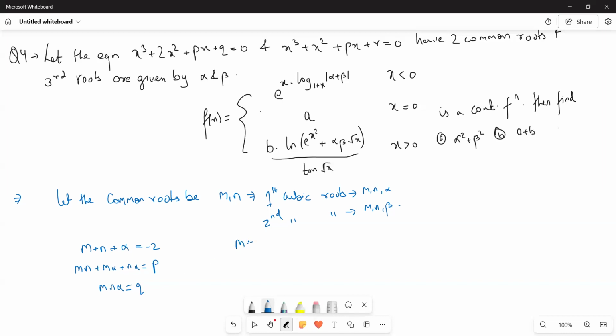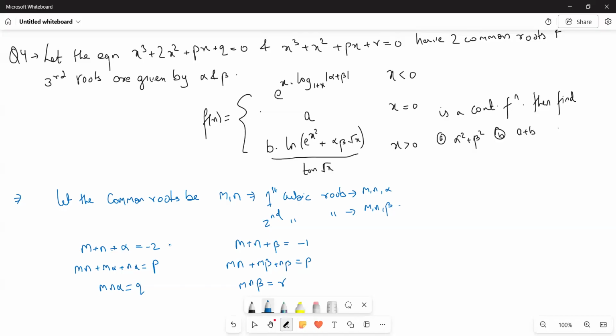Similarly, m plus n plus beta would be -1, and the next relation would be mn plus m beta plus n beta is p, and mn beta is r. These relations will come.